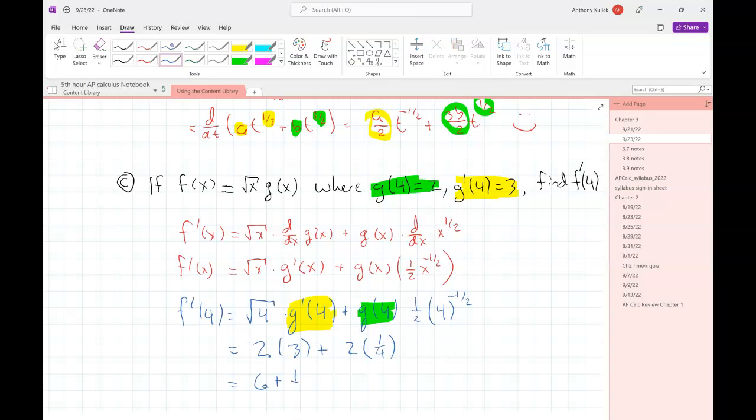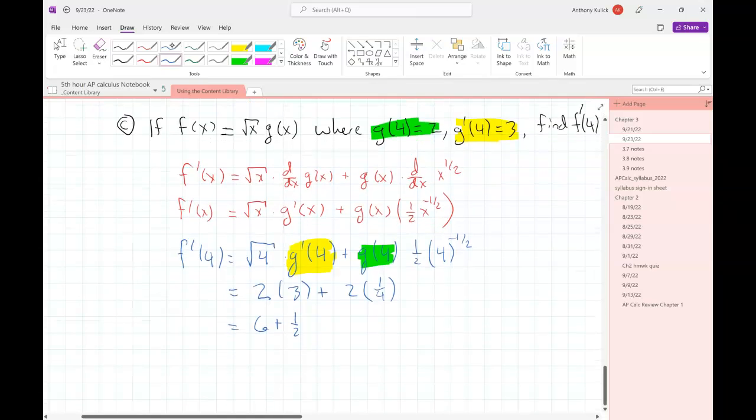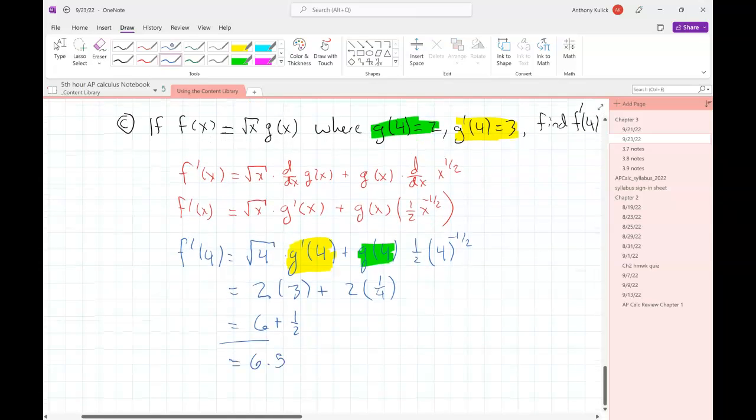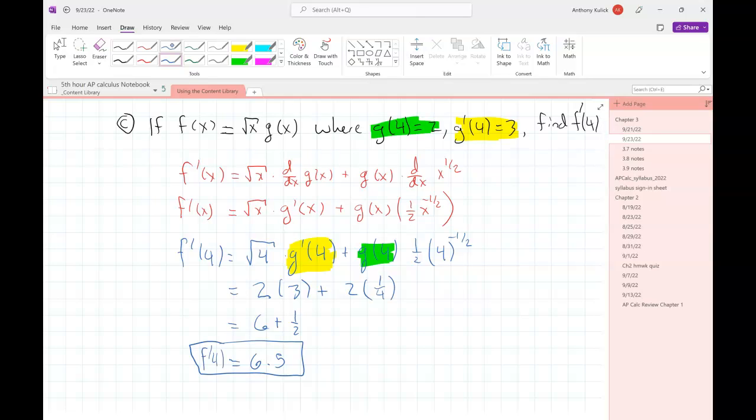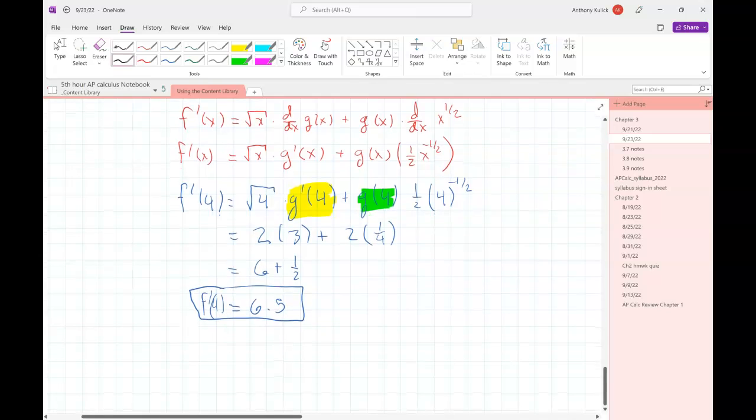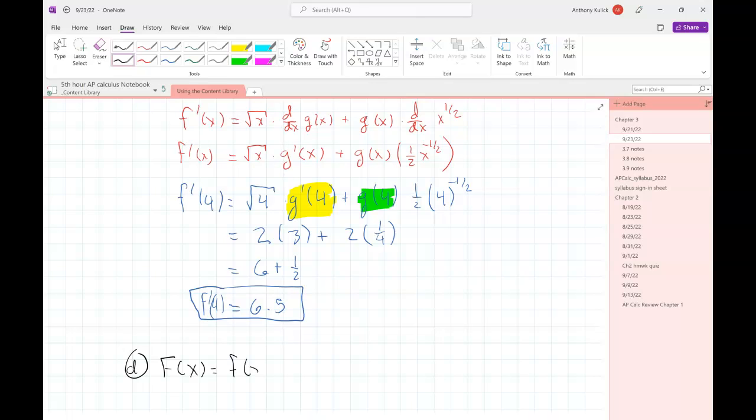So I have 6 plus 1/4, or 6.25. Is everybody okay with what I did there?